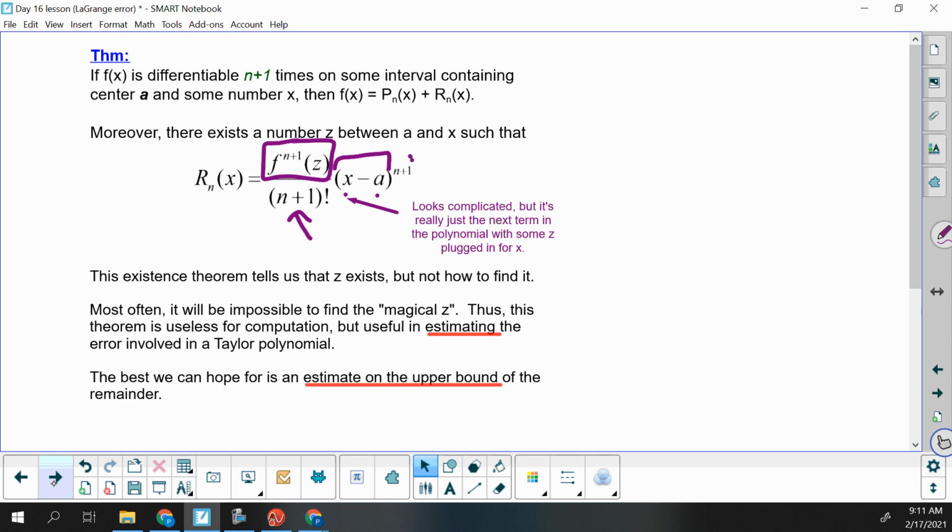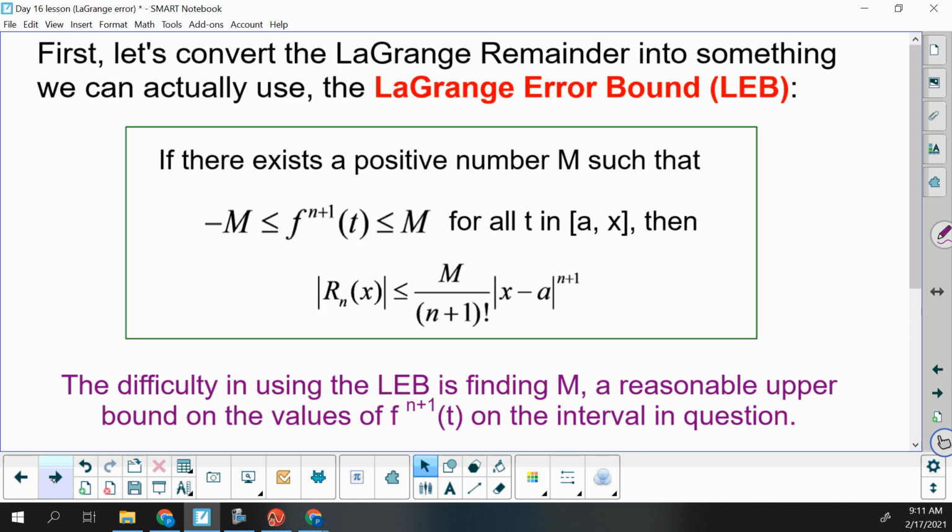Well, how do you find the z value? Often it's impossible. So the best we can do is pick an upper bound for it. So what we'll do is we'll pick a value on our interval that's going to yield a y value of that next derivative that will be an upper bound on the interval. That's the idea of it.